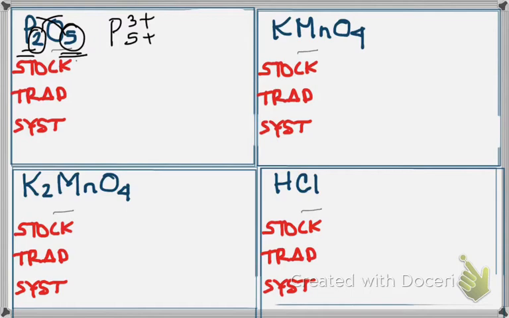So as you saw in the last examples, when you are using the stock nomenclature, you have to write the Roman numeral for the positive one. So in this case, you will write phosphor 5 oxide because it's working with the 5 positive.